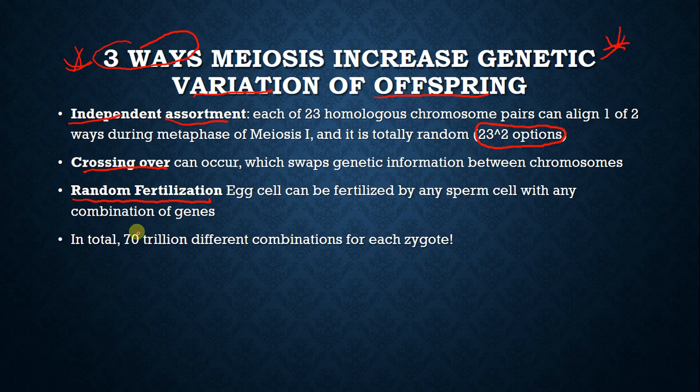So in total, 70 trillion different combinations are possible for each combination of any sperm and any egg from 2 known individuals. Once you add in random mating, this becomes close to infinite different combinations. So if you think about all these things, you are truly unique. There are over 70 trillion different possibilities of how you could have come out as far as genetic information.